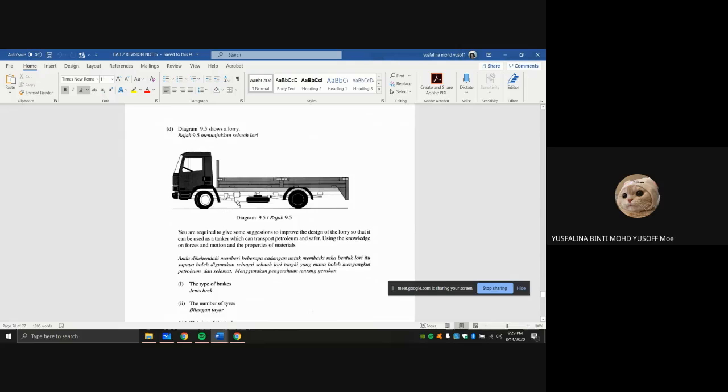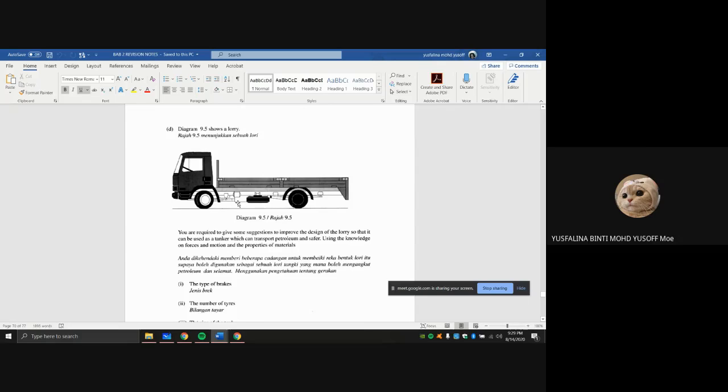The reason is to prevent wheel lock for safer braking. I repeat, prevent wheel lock for safer braking.